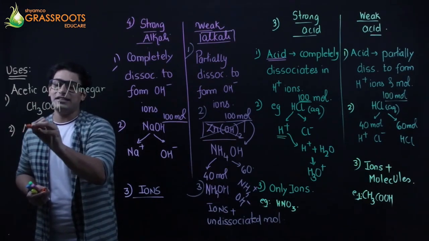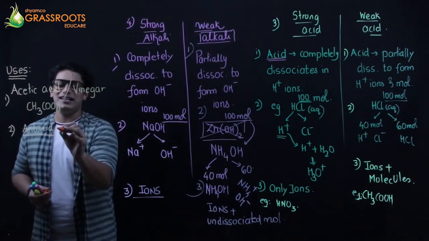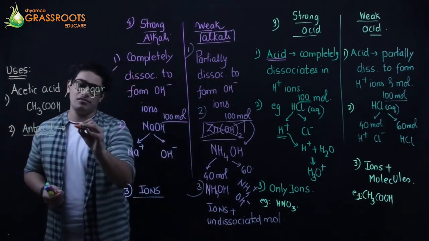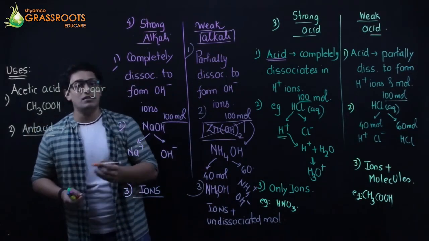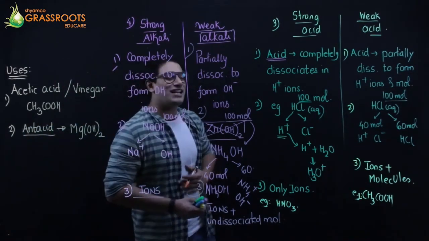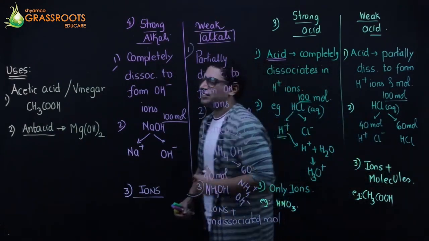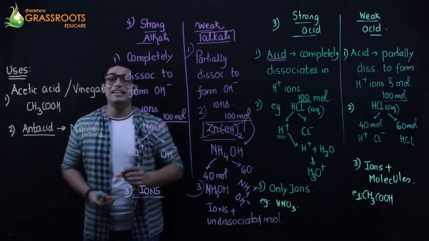Then we have antacid. Antacid is actually a base, Mg(OH)2. That's the use of a base or an alkali. Antacid means it reduces the acidity in the stomach, like Eno, relief in 6 seconds, something like that. Antacid means opposite of acid.